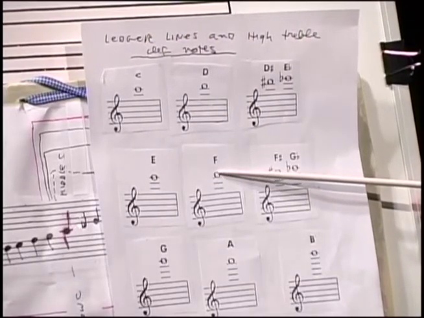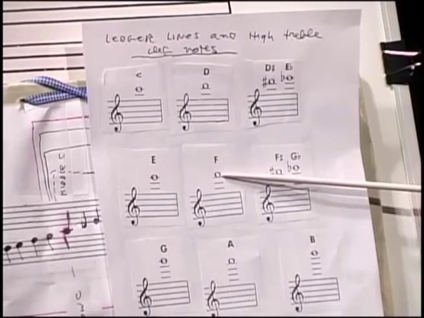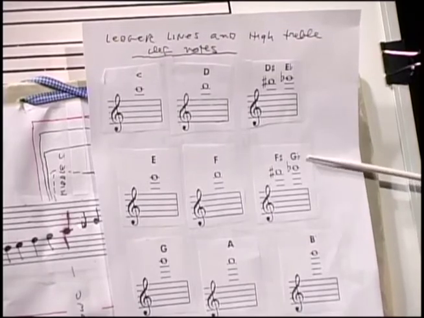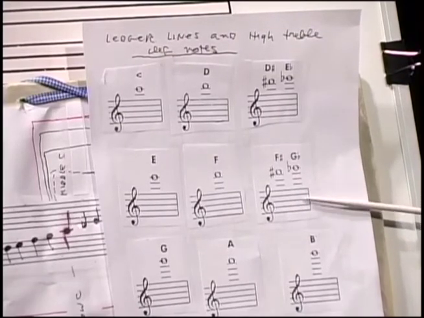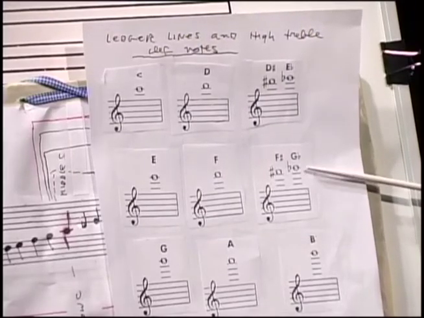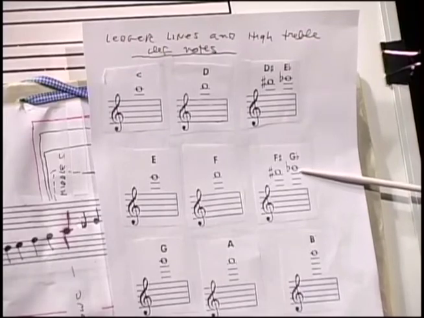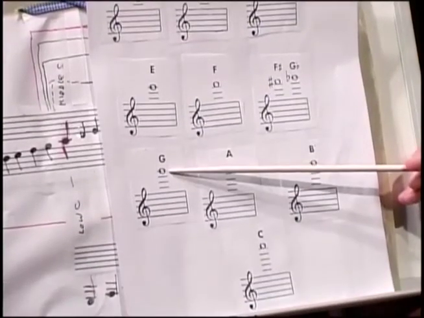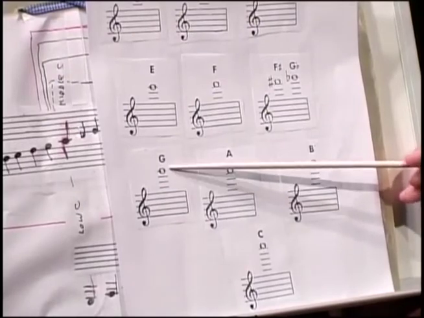So you use your spaces as well as your lines, and you just go from line to space to line to space. Then you have more enharmonics, which I put in here, F sharp and G flat, and when you get to the G, 1, 2, 3, 4, 4 ledger lines. This G is on the 4th one.